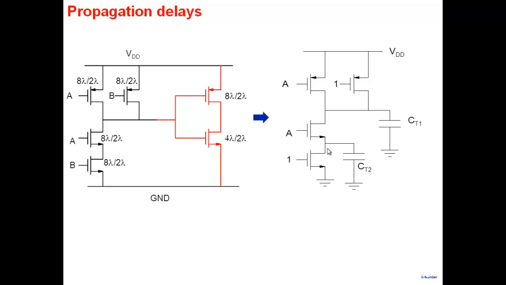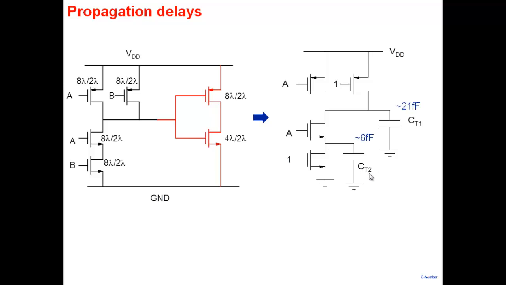So these are the capacitors that contribute here. When you look at this one, the capacitors at this particular point come from gate to source of this one and gate to drain of this one, plus the drain to body and all those capacitances. They will all add up to give you CT2.